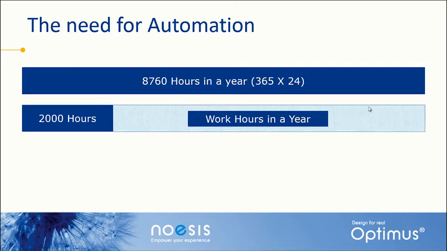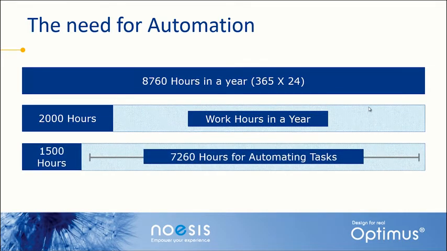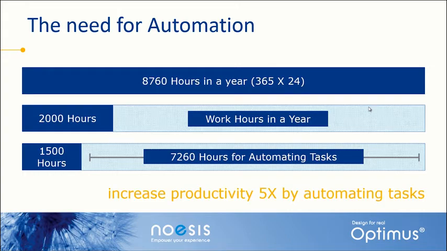Of those 2,000 hours, we may only be doing value-added tasks for about 1,500 hours. That leaves a substantial amount of time, over 7,000 hours, that could be utilized by automating tasks. This number grows dramatically if we were to run tasks in parallel. But there is a very significant productivity gain that we could access by automating repetitive tasks. And that will be a large part of what we will talk about today, how we can utilize some of that time.